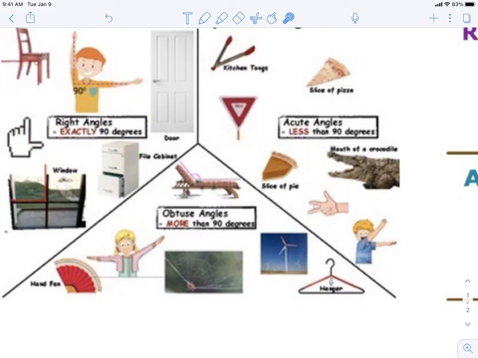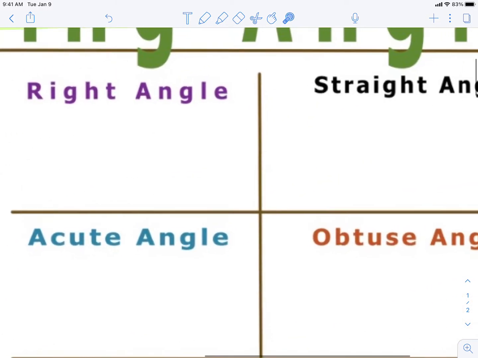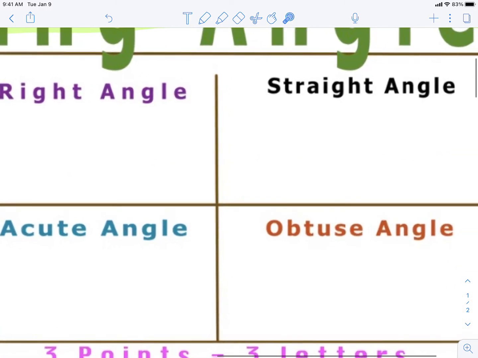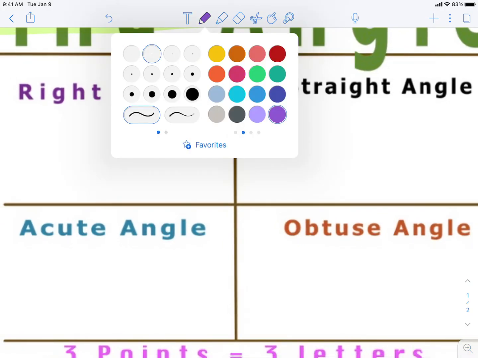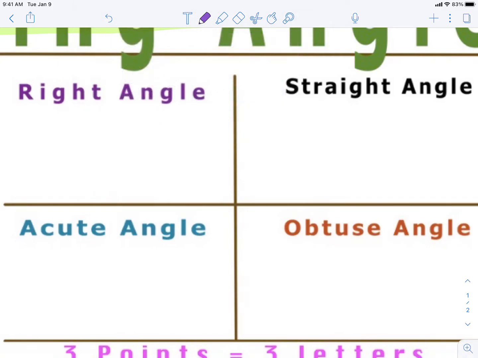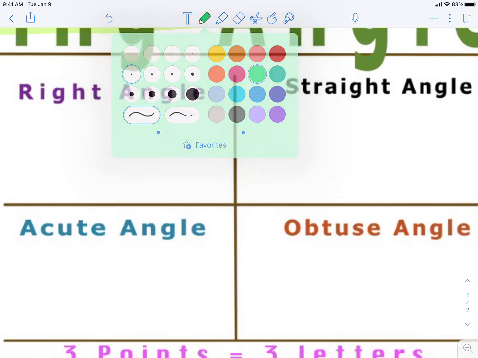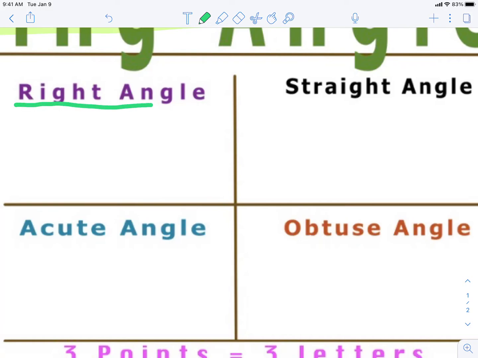There's one more angle that we're going to deal with, which I'm going to show you right now. Here we have the four types of angles we're going to talk about. The first angle that we covered, let's pick another color so it's different than purple, is our right angle. Remember, the right angle looks like an L. The way we identify it is we put a little box.